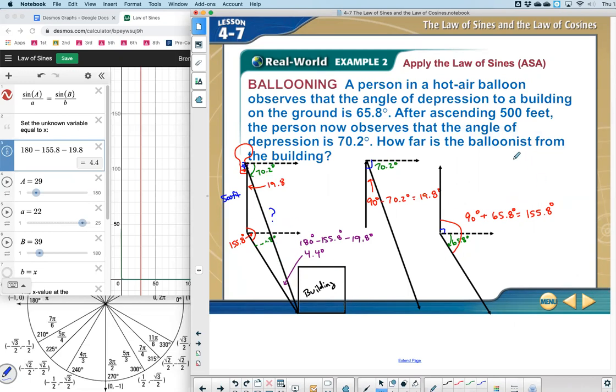I know that I have a completed set of sine of the angle 4.4 degrees over the ascension value of 500 feet. And so that would equal sine of 155.8 divided by the unknown.